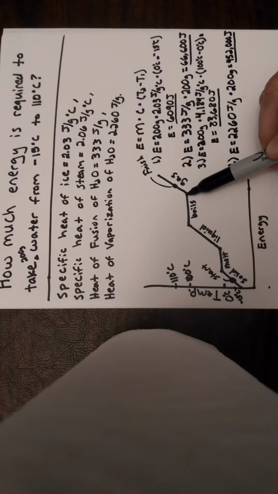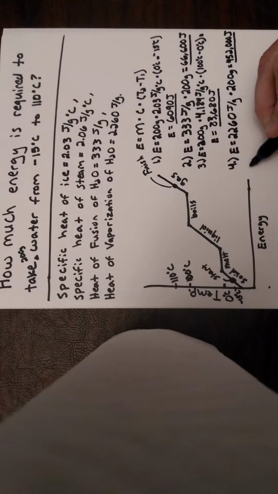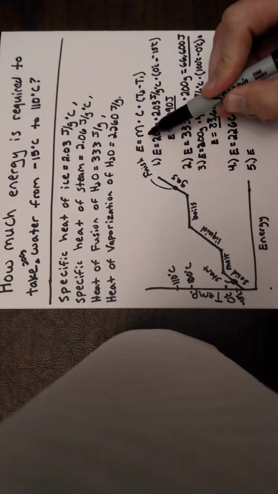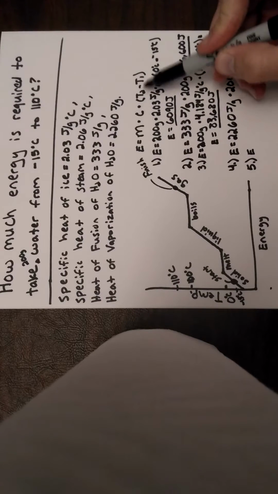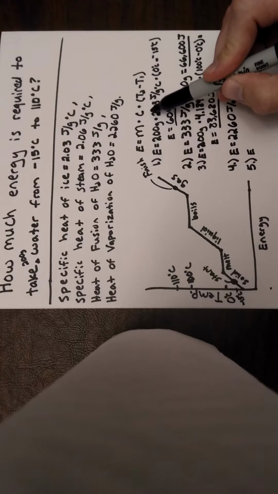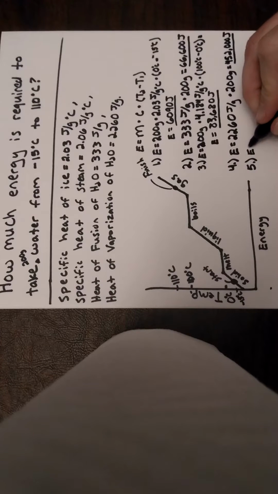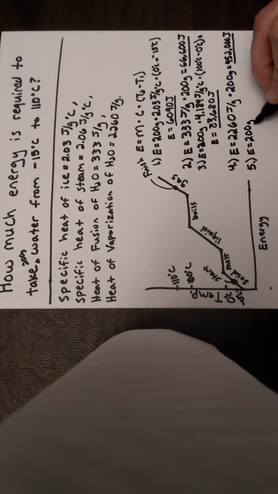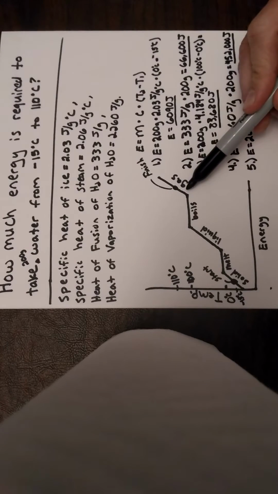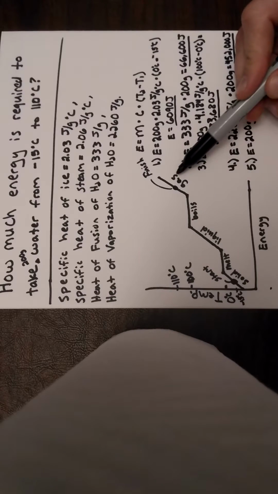We're almost to our finish line, but not quite. So there's a fifth step. Since it's a diagonal again, we go back to our MC T2 minus T1 energy equation. So again, the mass is still and always will be 200 grams times the specific heat, but now our specific heat is water in the gas phase, so as steam.